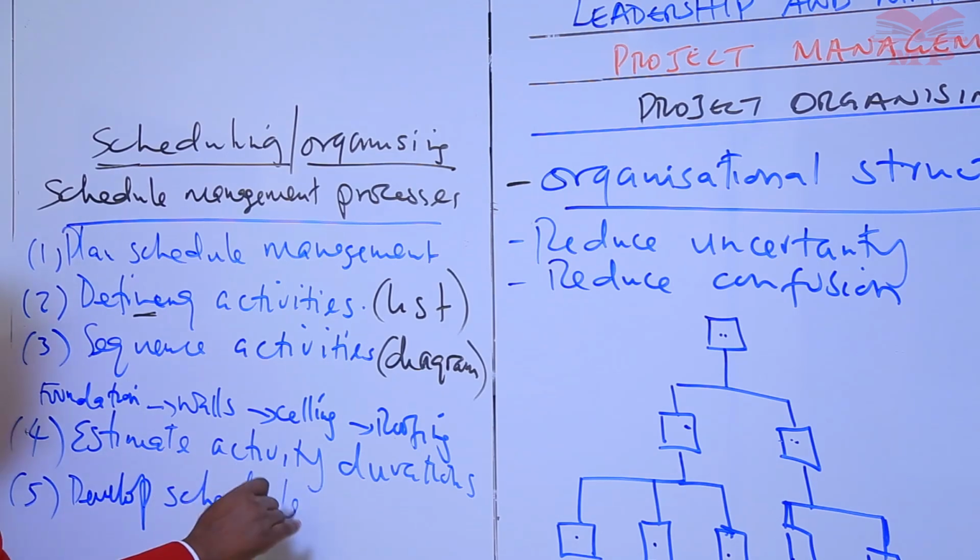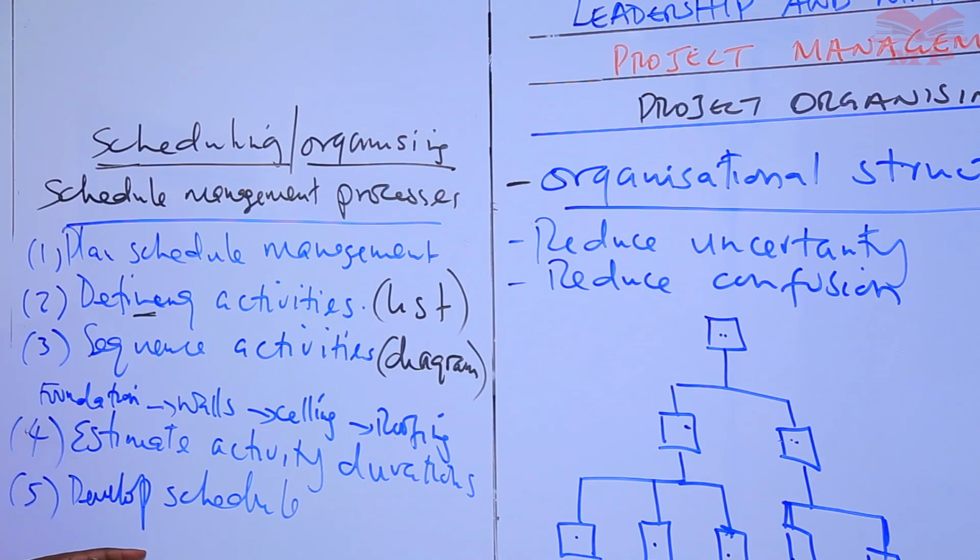a schedule. Develop schedule. Now, this is a process of coming up with activity sequence, durations, resource requirements, and also schedule constraints to create the project schedule model for project execution, monitoring, and control.